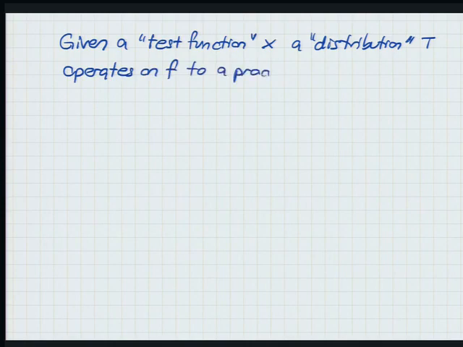Okay, so the distribution is not a function, really. It's an operation on a given function that spits out a number, assigns a number to each function. Okay, so that's how we define a distribution.